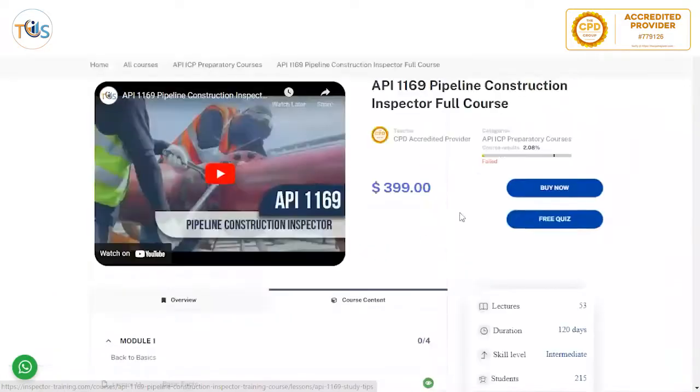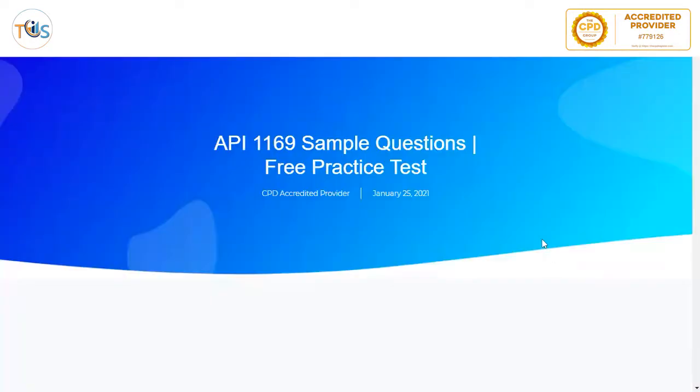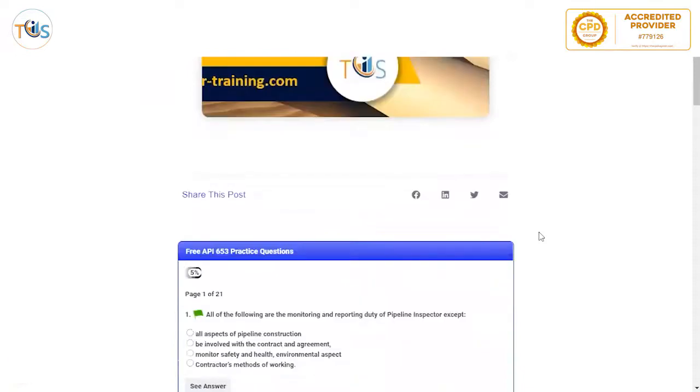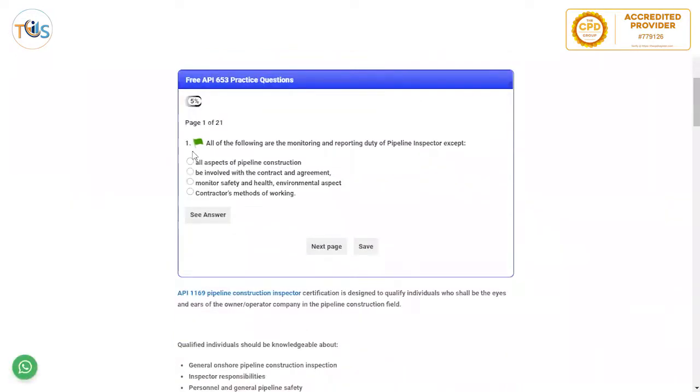Go to our free quiz and solve some questions. Here we try to simulate the same API exam environment, so we have a flag here, and we have a percentage of progress on our mock exam questions.